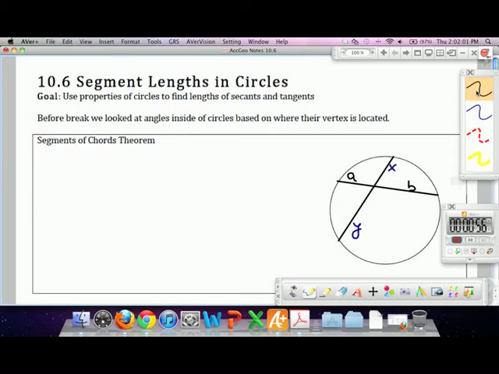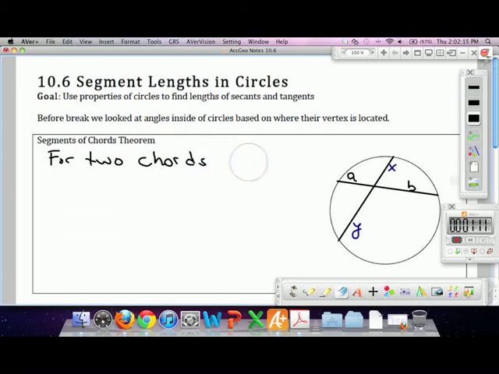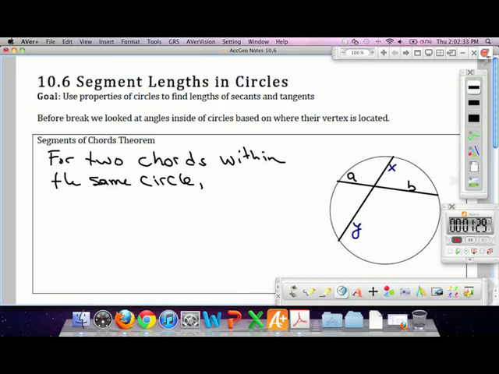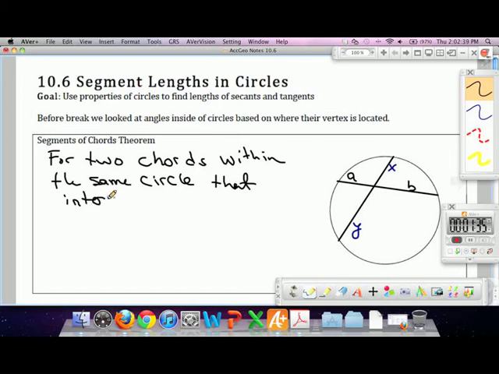The segments of chords theorem says the following. It says that for two chords within the same circle that intersect.